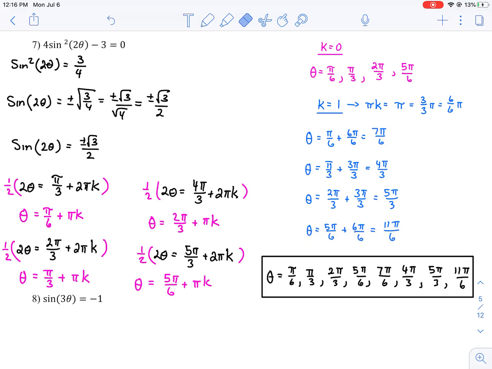And those are all of the solutions to the equation.